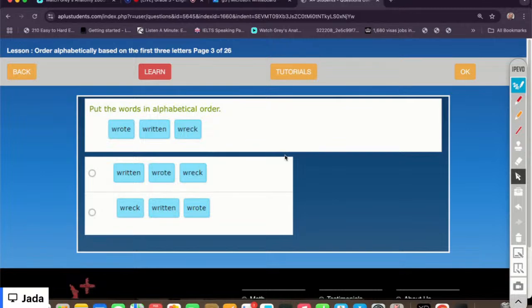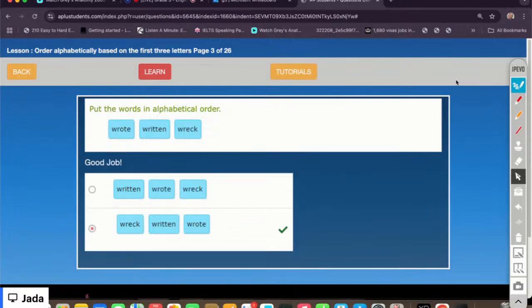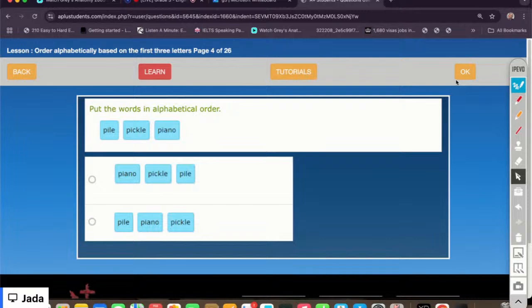Okay, so we have option two. So wreck is W, R, and then E. So E comes before written, which has I after the R, and wrote also has O. So this one comes first. All right, good job.